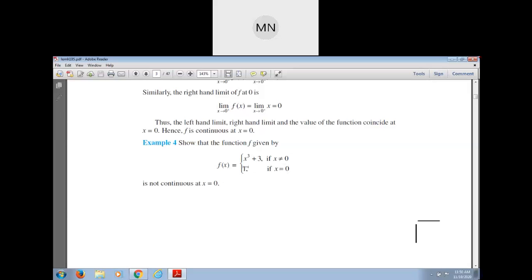Okay, just see the definition of the function. After that you can say. So here if x equals 0, then f of x is 1. Okay, now tell me here, limit x tends to 0 of f of x equals f of 0. Is it true for this function?